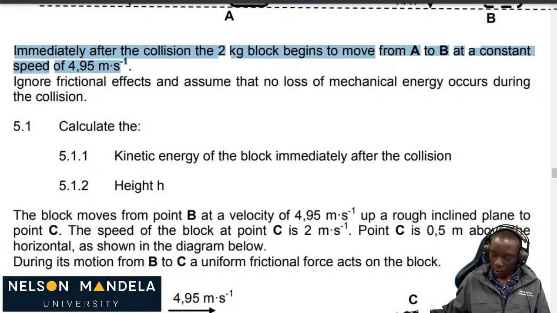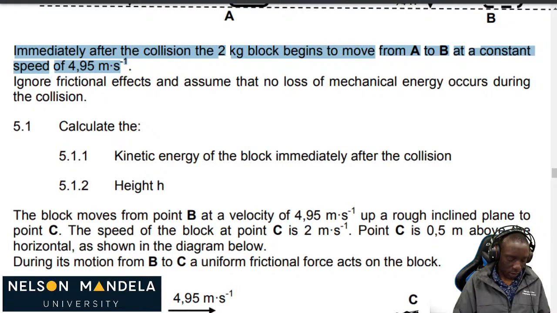Okay, so what we get there, we have 24.5 divided by 5 times 0.75 times 9.8 with a negative, which is 0.